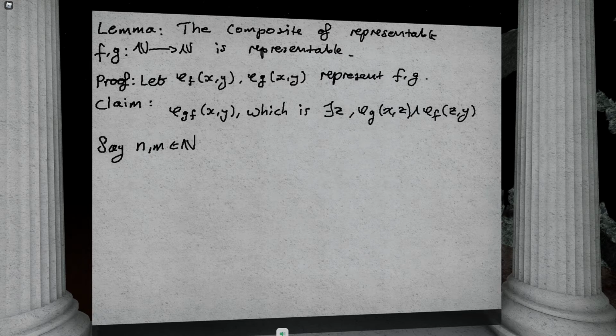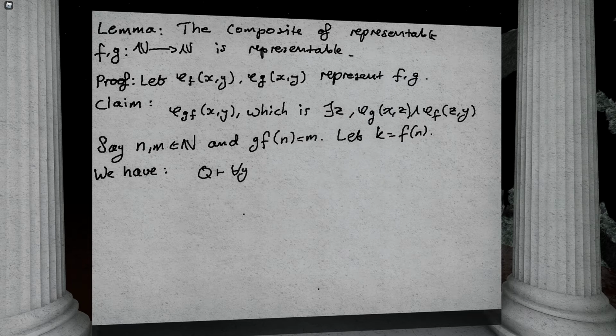So say we have two natural numbers, and say G after F of N is equal to M. It will also be helpful to have an explicit description of F of N. So let K be equal to F of N. Okay, we have by representability of F and G the following.